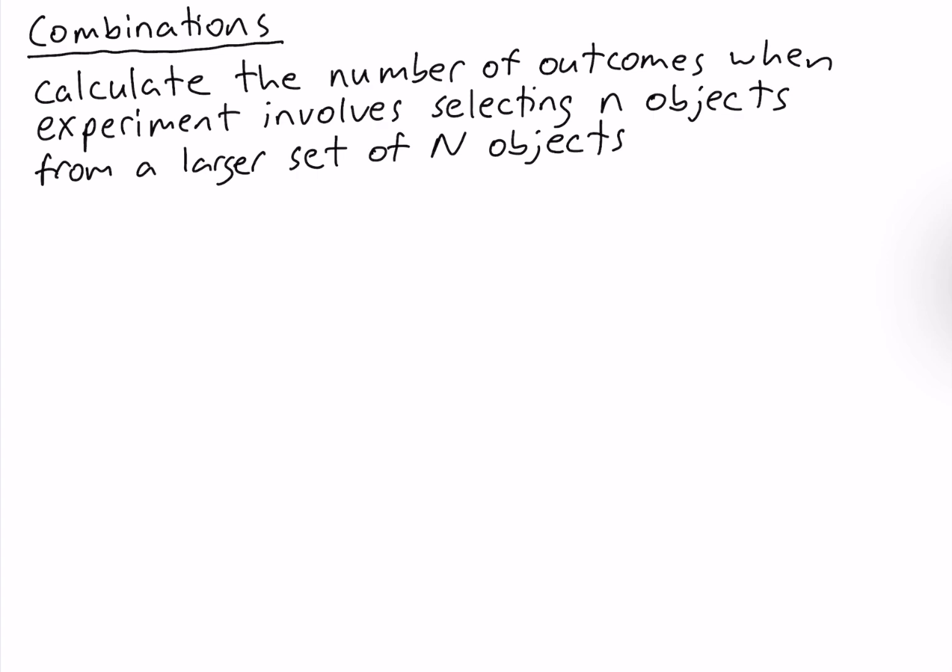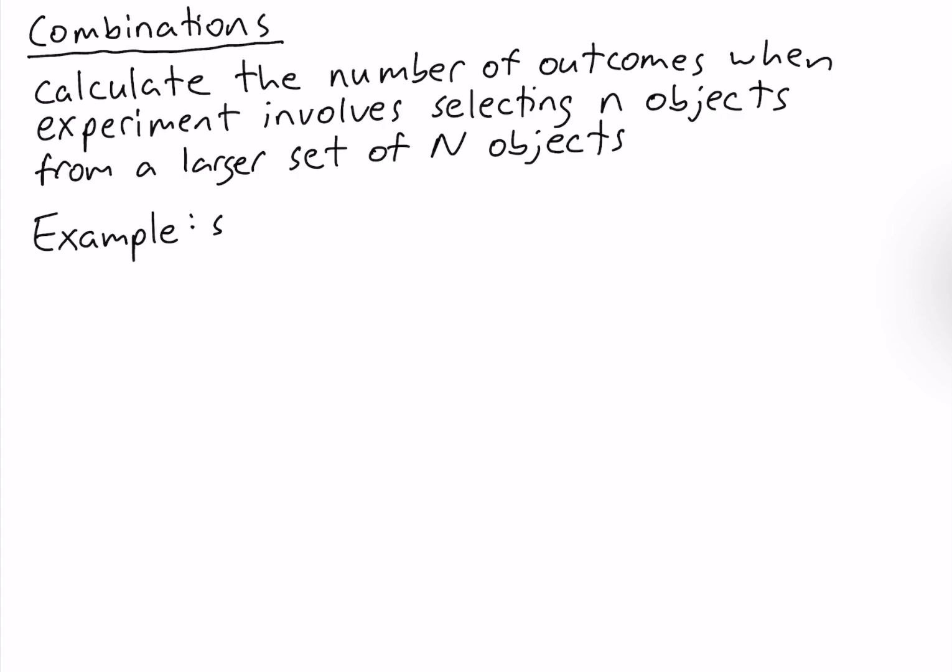So the experiment is selecting a lowercase n number of objects from a larger set of capital N number of objects. So let's take a look at an example of this.